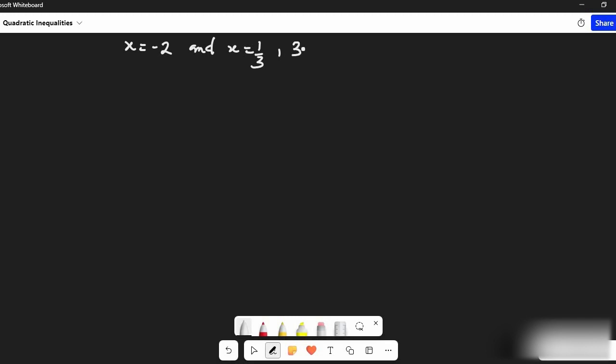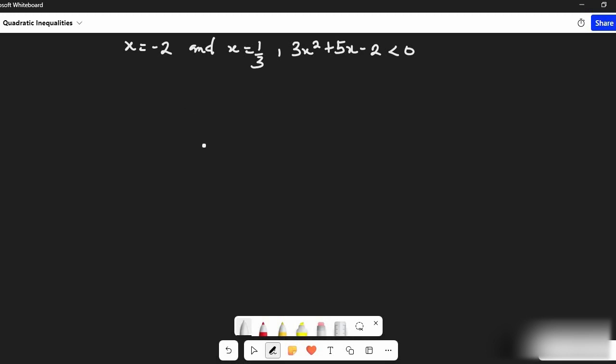So we're going to sketch the function 3x squared plus 5x minus 2. And we're going to find the region where 3x squared plus 5x minus 2 is less than 0. And we see the range of values of x for which this function is less than 0.